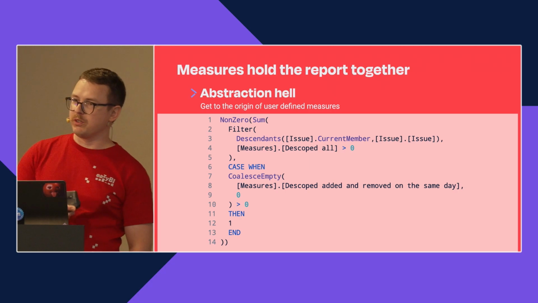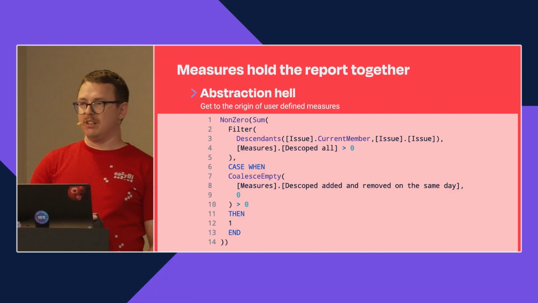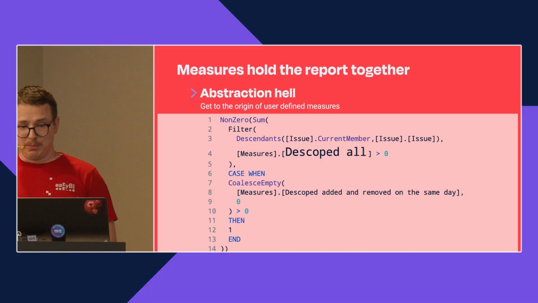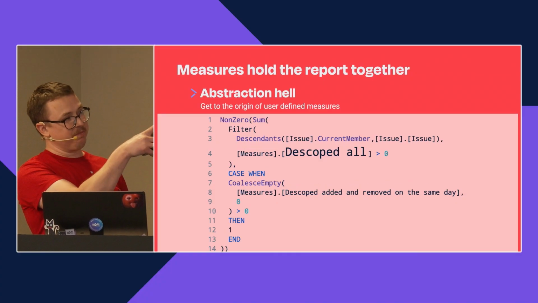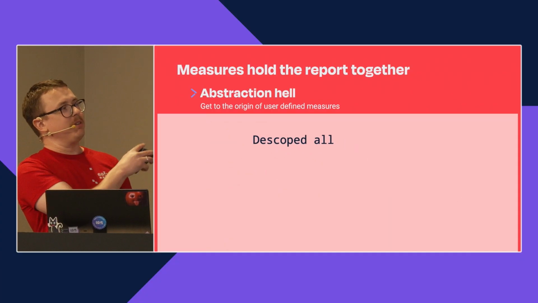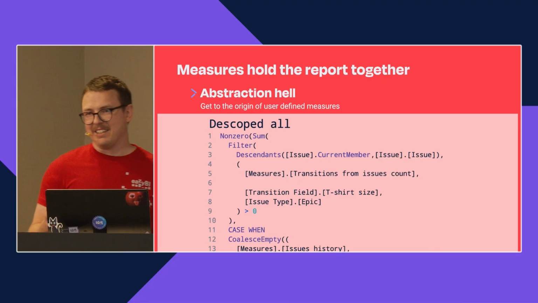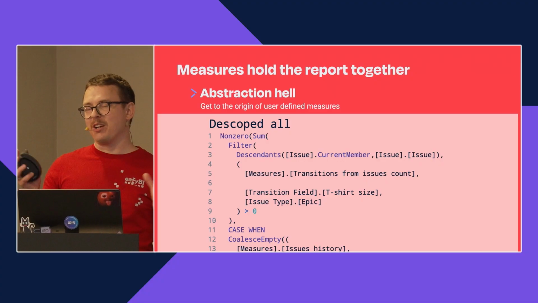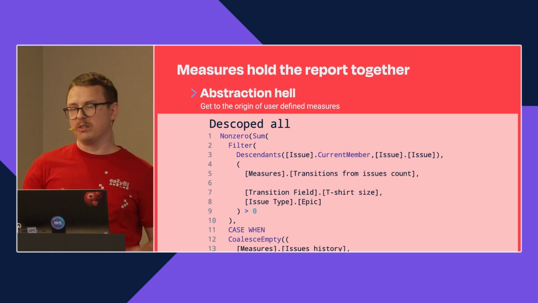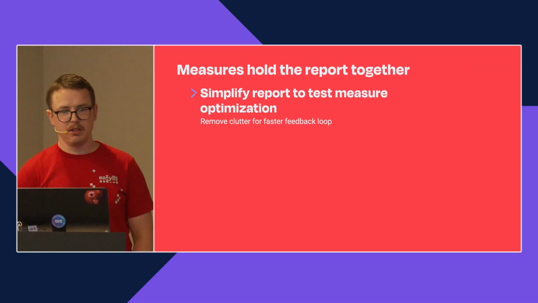Whenever a calculated measure is based on another calculated measure, go get to the origin of it, especially when those calculations also iterate through issues again. So the idea would be to try to create one calculation which leverages the filters together in one, instead of iterating again and again, nesting them.